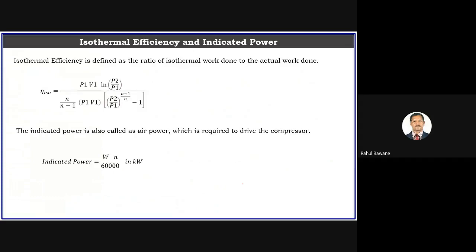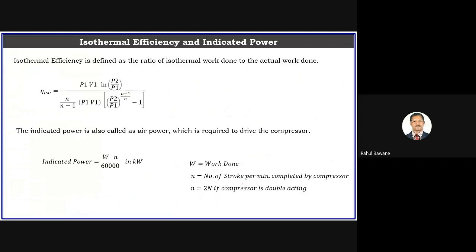How does 60,000 come? 60,000 means 60 multiplied by 1,000. W is the total net work done on the air. N is the number of strokes per minute completed by the compressor. As I said, the compressor might be single acting or double acting.